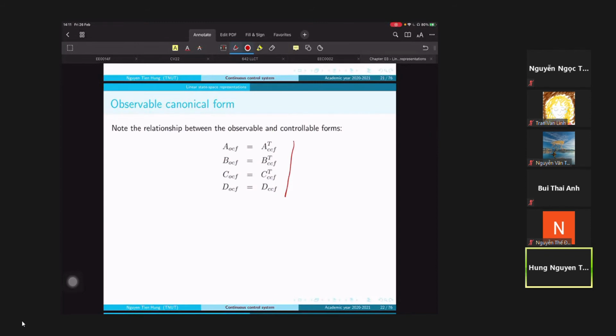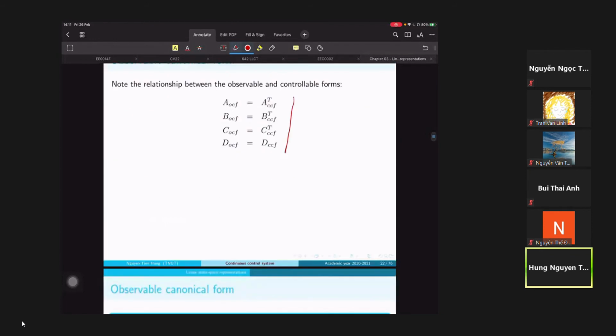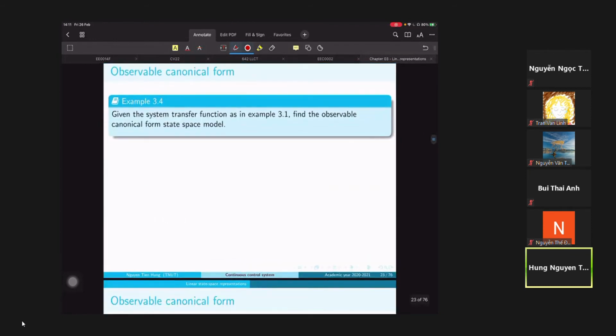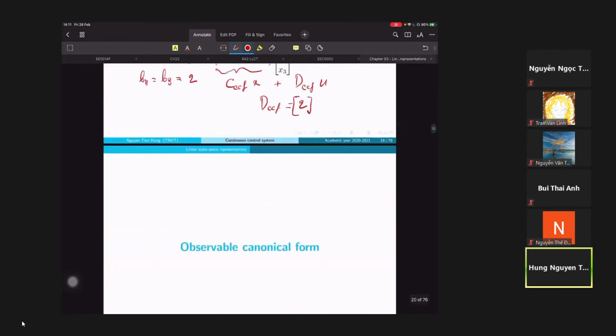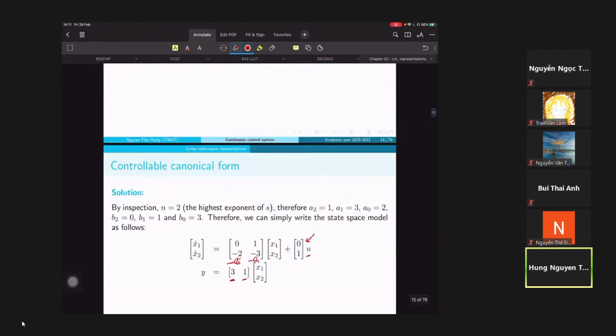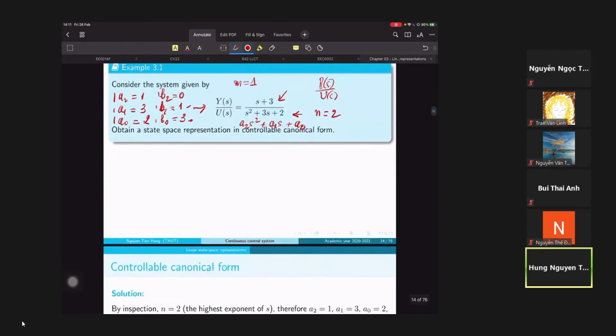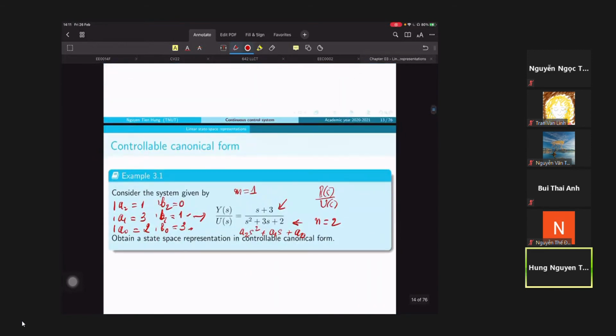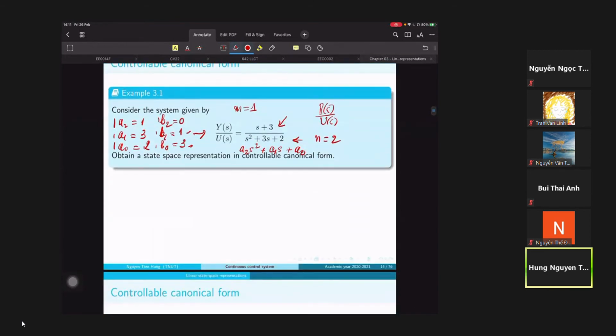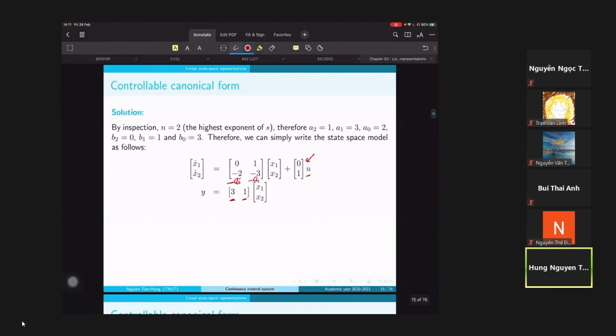So I think this is another way, but everything we all know. So if we consider again example 3.1, here we got the system in transfer function form like this, and this is the controllable canonical form like this.